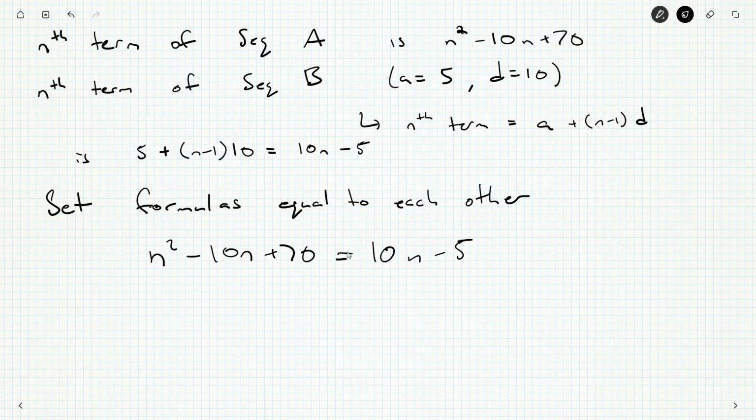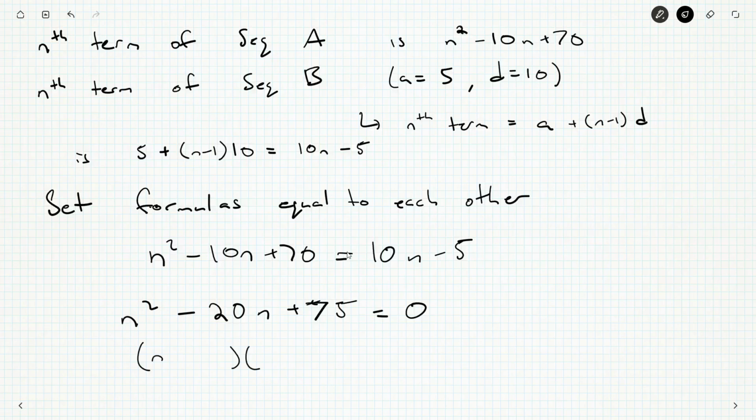Alright, well let's bring everything over to one side and get a nice big quadratic here. So minus 20n, and then the minus 5 will become a plus 5. So we'll get 75 there, and we want that equal to 0. So we want values of n that satisfy this equation. I would expect integer answers, positive integer answers even. So let's see if we can just factor this for a moment.